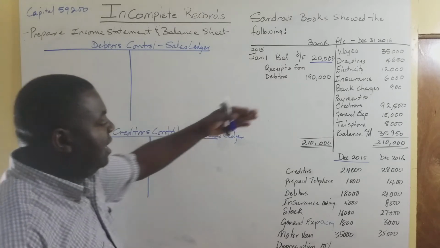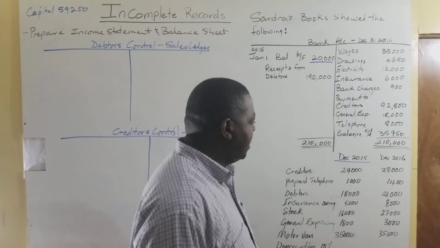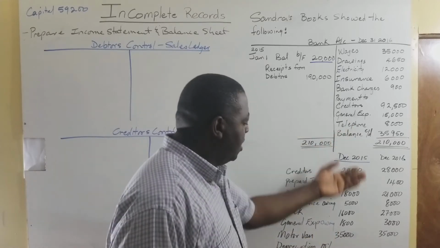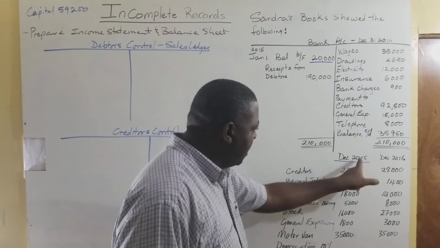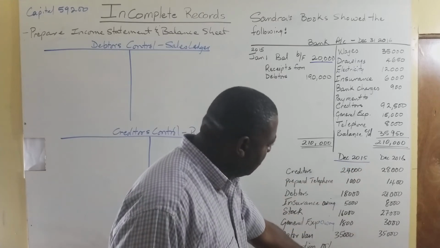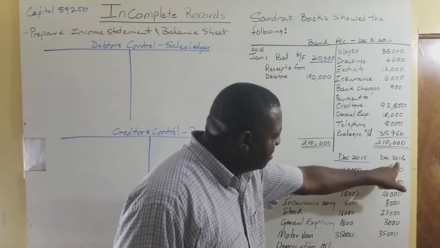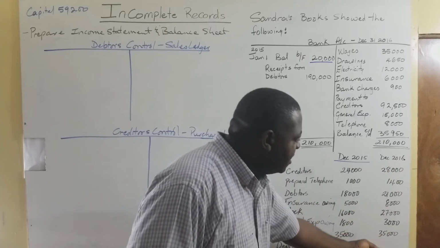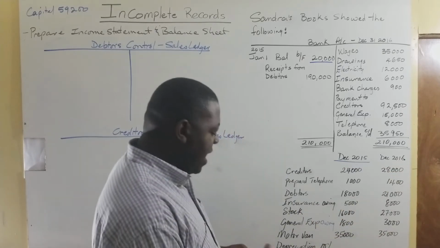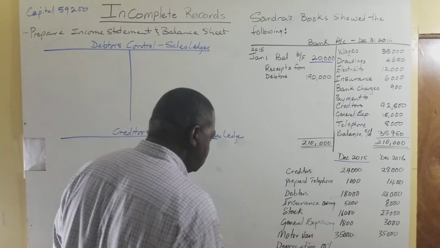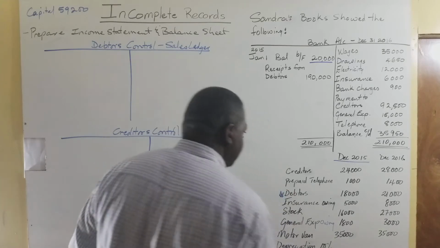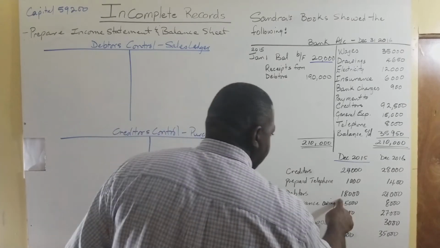So let's go to the list here. We have two sets of information. The 2015 information is the earlier one, so it is the opening balance, and December 2016 has the closing balance figures. So we're identifying our debtors. And the opening figure is 18,000.